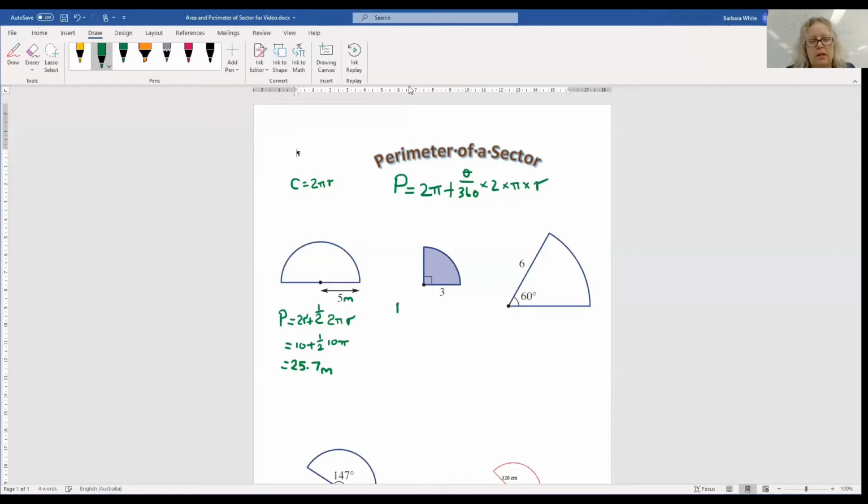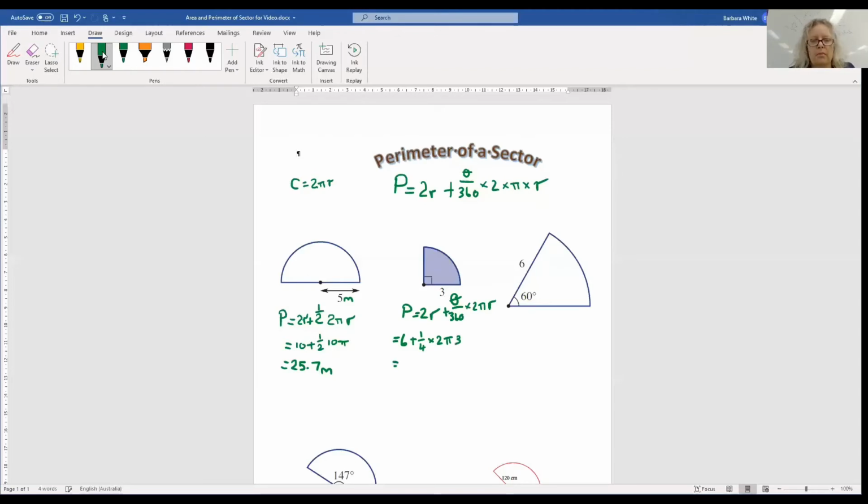So again, let's do this here. Perimeter equals 2 times the radius plus angle over 360 times 2 pi radius, which equals 2r, 2 of the radius is 6, plus the angle over 360, which is 90 over 360, which I'm going to simplify to 1/4, times 2 times pi, and radius is 3.